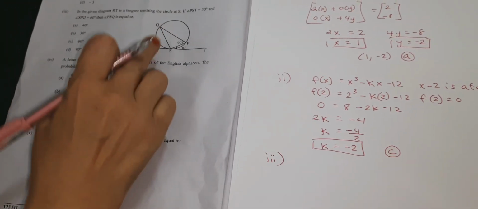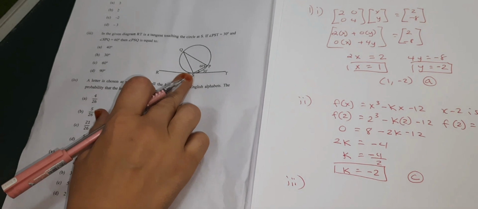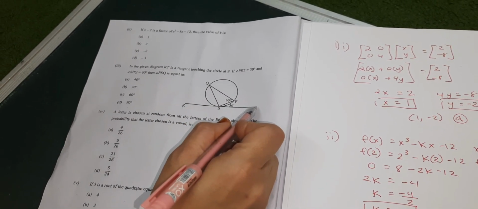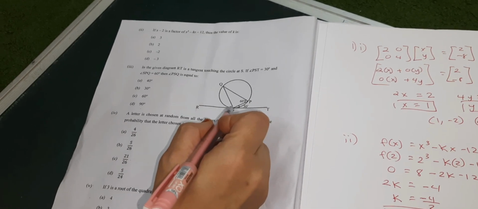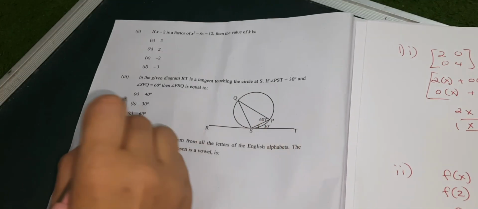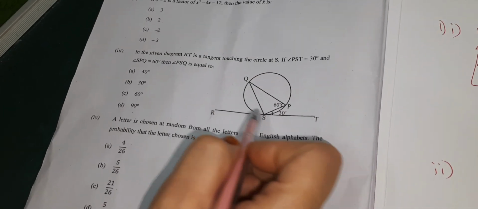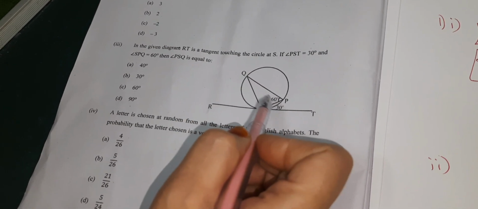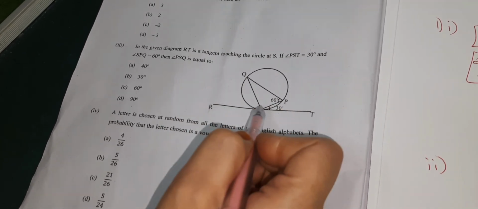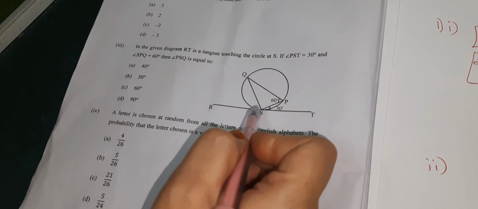The third one. In the given diagram, you see this diagram here. They told us RT is a tangent. It touches the circle at S. If PST is 30 degrees and SPQ is 60 degrees, then they asked you the value of PSQ, means this value they want.